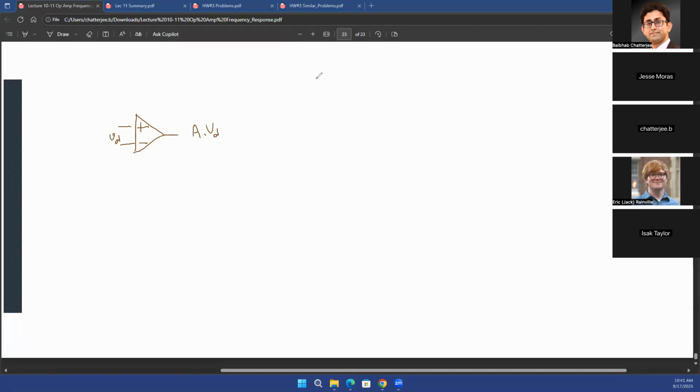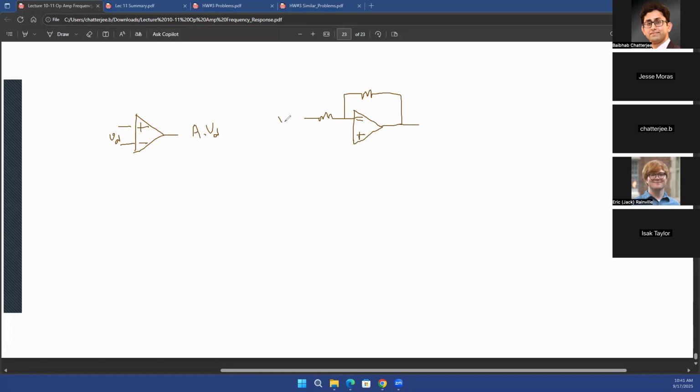Now, on the other hand, when we talked about the virtual ground property, that is valid only if you have a negative feedback. So, for example, this was one of the negative feedback circuits that you have already learned in the past. And you have looked into this circuit quite a few times in the class already, right?